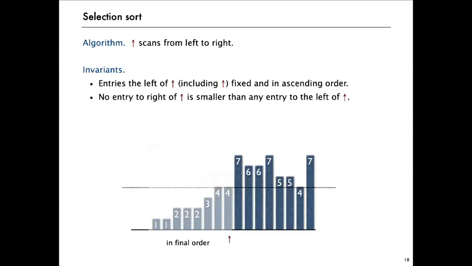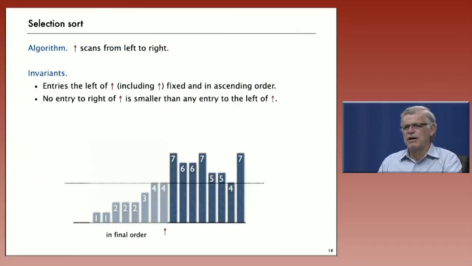All right, so one way to understand the way that an algorithm works is to think about invariants. So for selection sort, we have a pointer, that was our variable i, that scans from left to right. That's indicated by a little red arrow in this representation. The invariants are that the entries on and to the left of the arrow never change, and they're in ascending order.